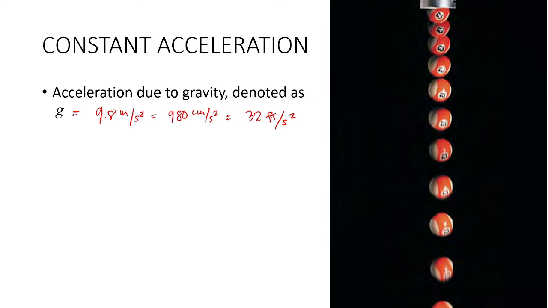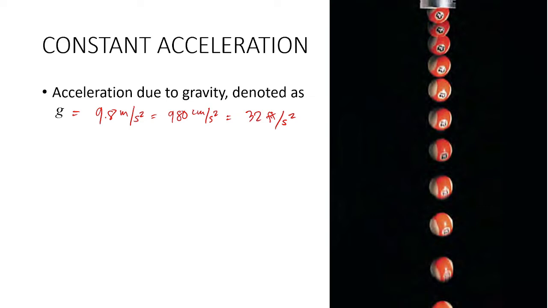The exact value may vary depending on your location. Why does it vary depending on location? Because it depends on the topography of the place and the distance of the location from the center of the Earth. But those variations are minuscule.